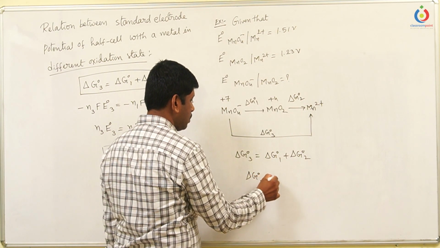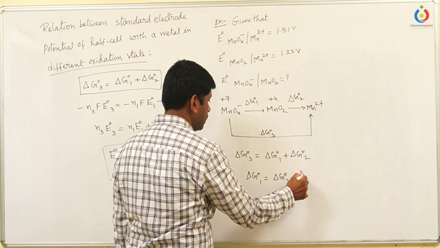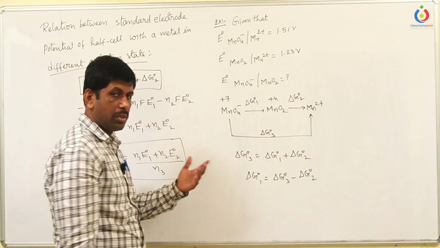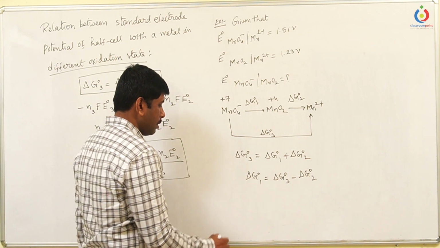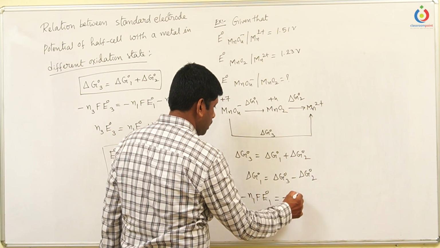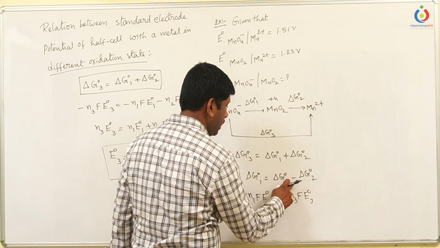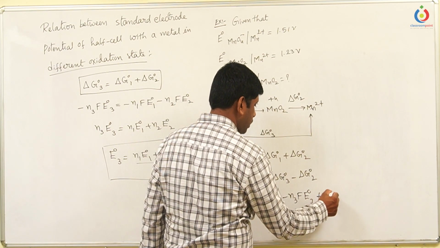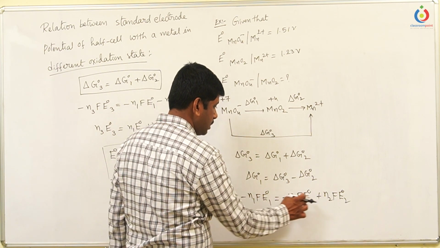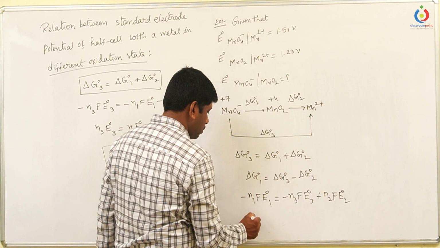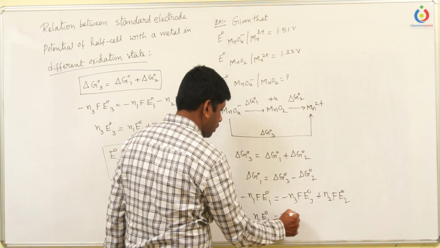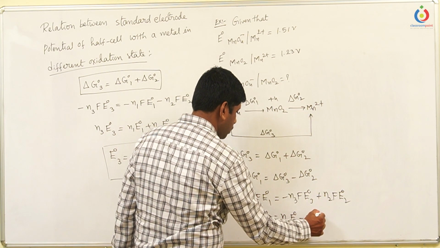Delta G01 equals delta G03 minus delta G02. Now substituting the values, minus nFE: minus N1 F E01 equals minus N3 F E03, minus into minus becomes plus, N2 F E02. Now send this minus to that side, so it becomes plus and this becomes minus. Faraday's constants cancel out, so N1 E01 equals N3 E03 minus N2 E02.